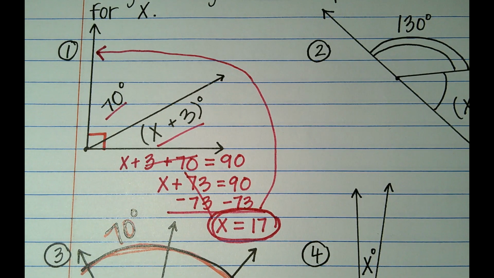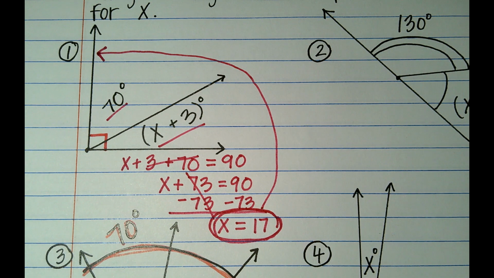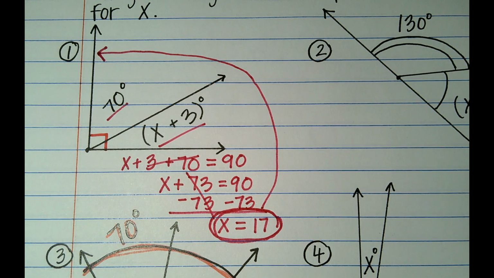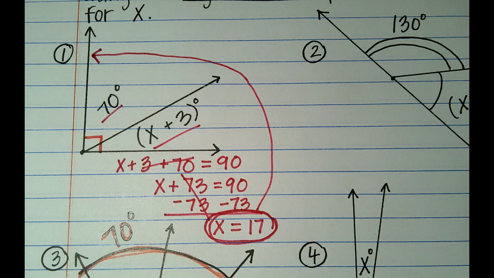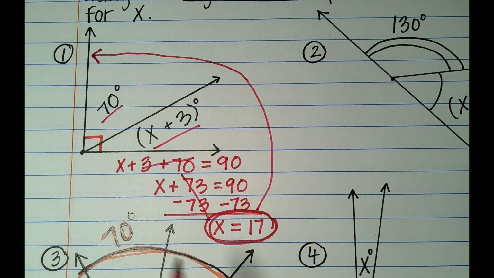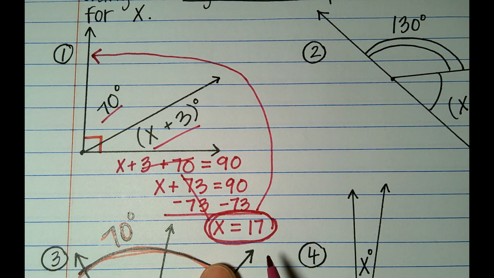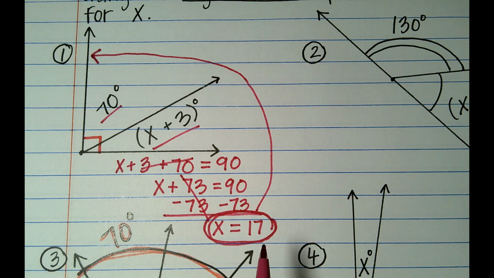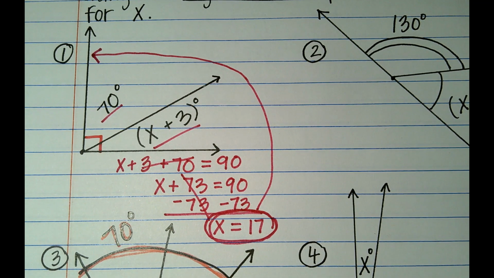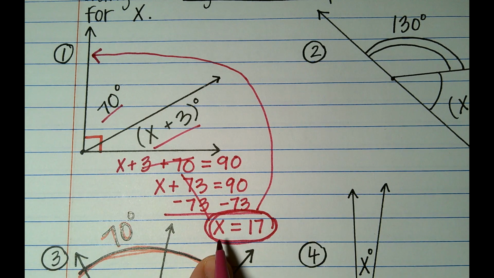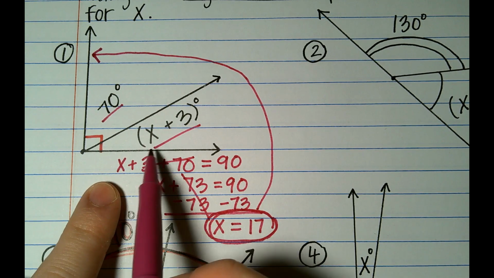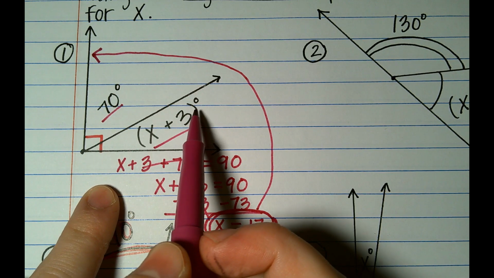Any questions about number 1? You need to put your degree sign. That's a great question. On this problem, do I need a degree sign? It's part of the equation. You could put a degree sign, but in this one you may not necessarily have to because the x is just the missing value here plus 3.